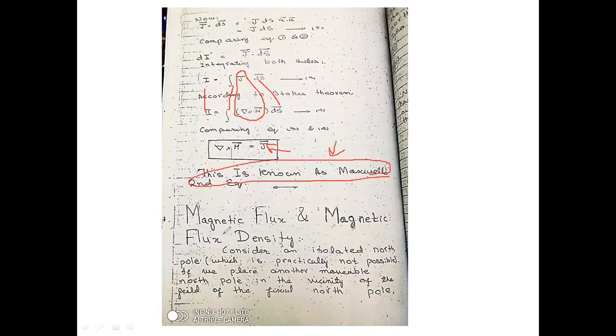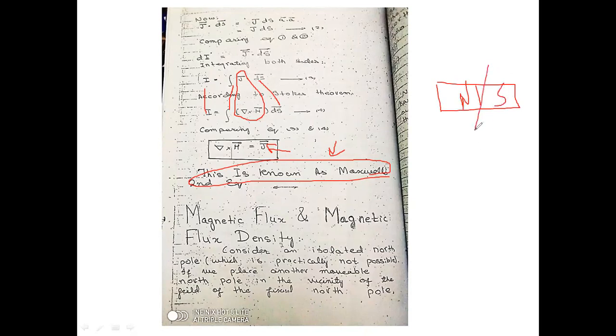Now the magnetic flux and magnetic flux density. Consider an isolated north pole, which is practically not possible. Remember that if we have a magnet, it will always have two poles, north and south.